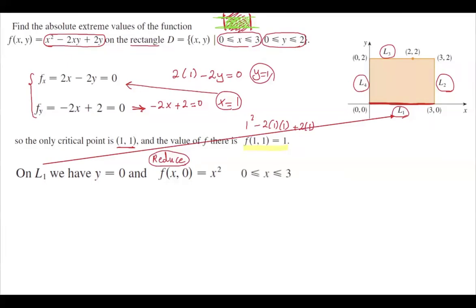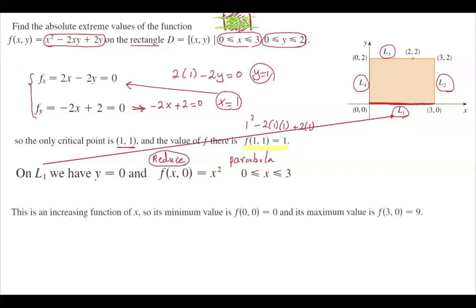This is a parabola, everybody. When you're working with a parabola, in this case on the interval 0 to 3, you can easily find the maximum and minimum value of this function. When x is equal to 0, f of 0 and 0 becomes 0, which is the minimum value of this parabola. When x is equal to 3, you get 9, which is the maximum value of this parabola.